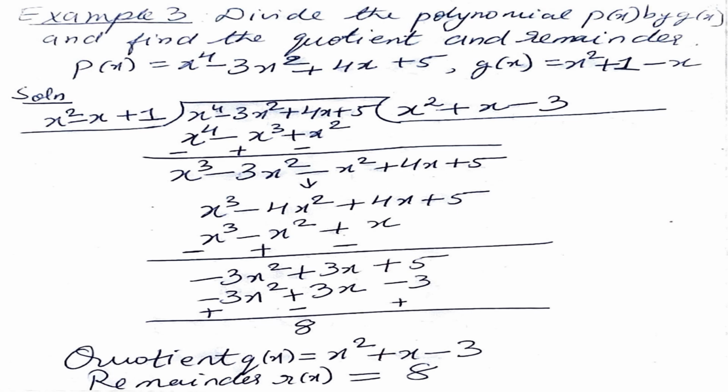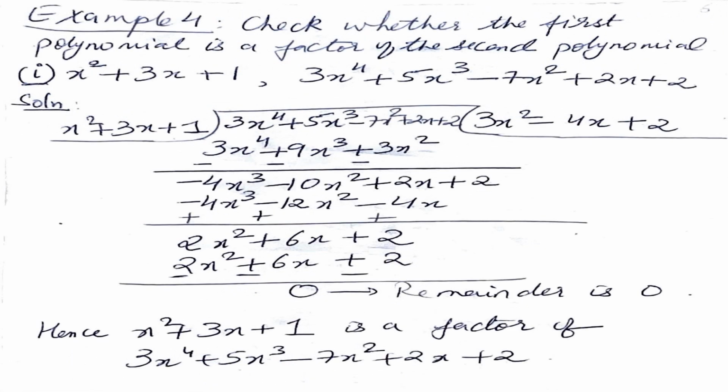When g(x) is multiplied by x square, we get x raised to 4 minus x cube plus x square. We reverse the sign, subtract it, and we get the next term. Similarly, we carry on the division, and at last we get the remainder as 8. So over here, the quotient q(x) is x square plus x minus 3 and the remainder is r(x) equal to 8.